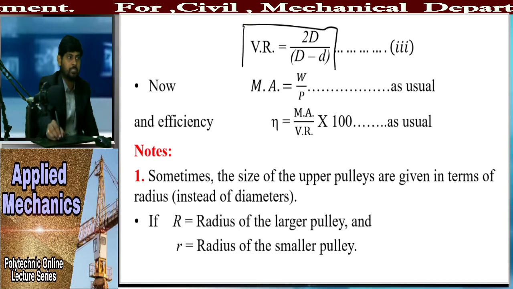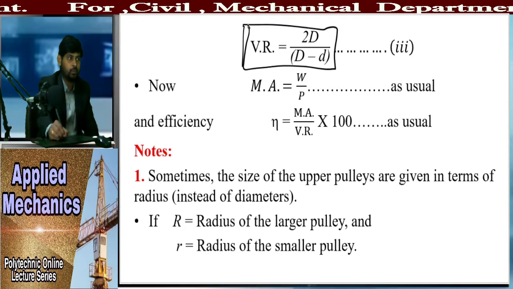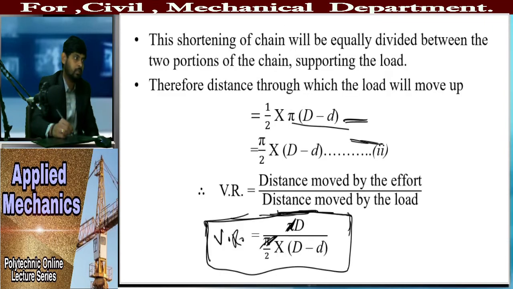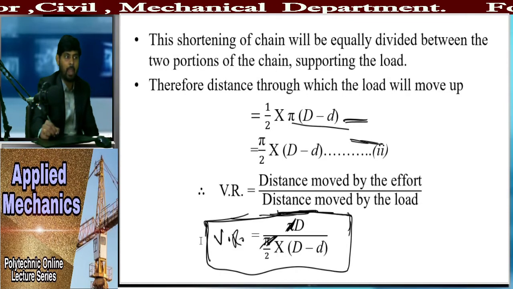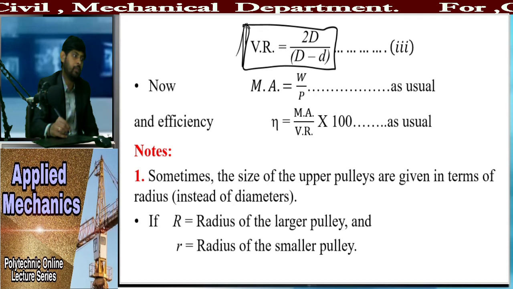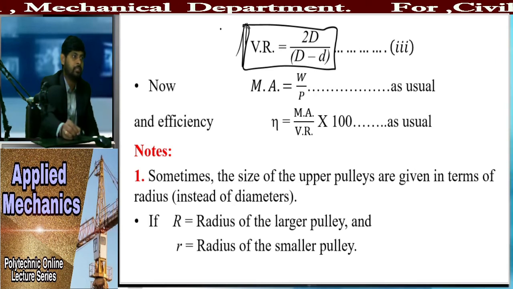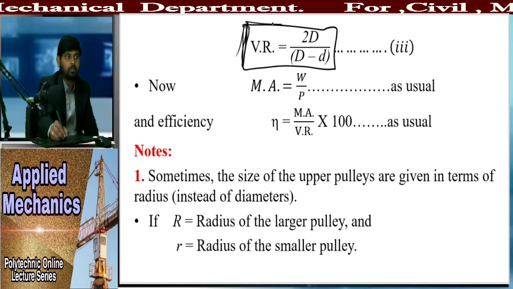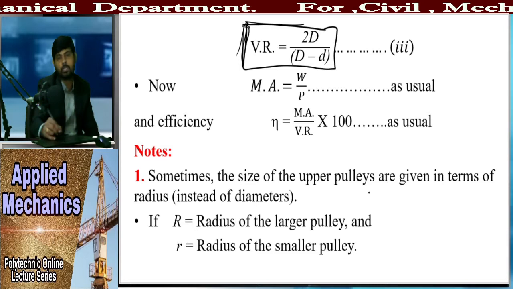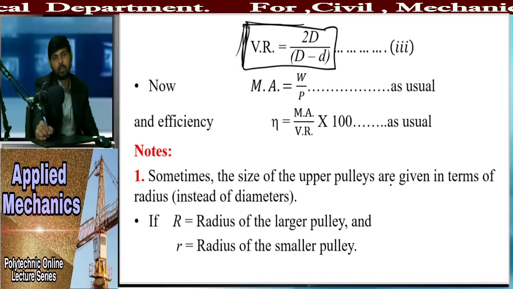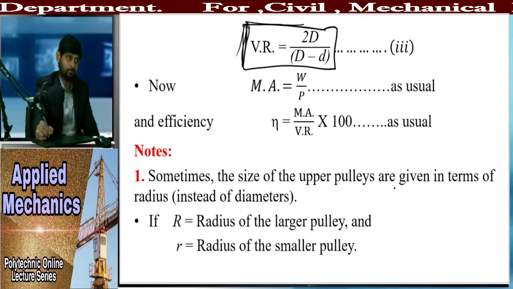So this is your velocity ratio. Because we didn't cancel the pi earlier, but after cancelling the pi you get the new equation: velocity ratio equals 2D upon (D minus d).